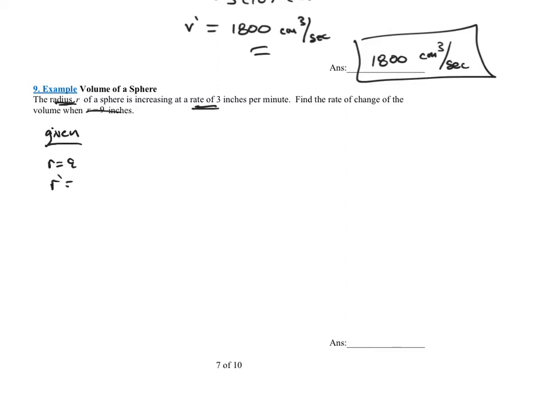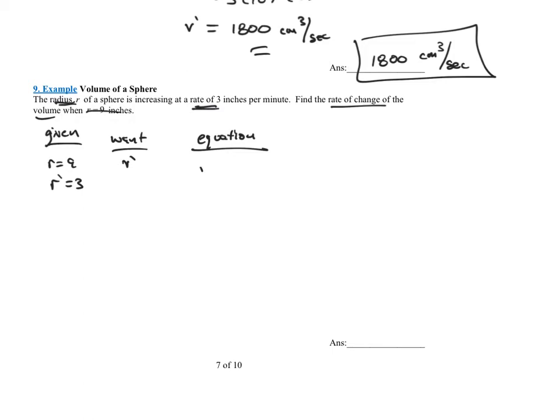So that's r prime equals 3. What do they want? They want to find the rate of change of volume, so they want V prime. Let's think about the equation. So they want the volume of a sphere. So go back and look at the volume of a sphere, and let's see what we get.